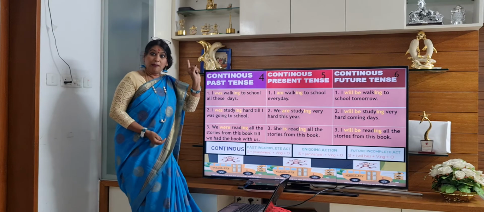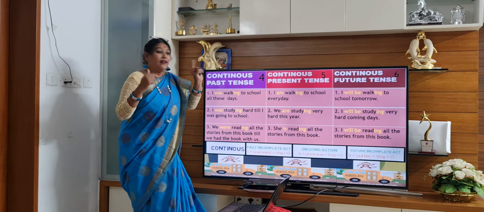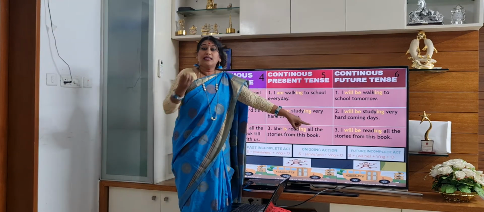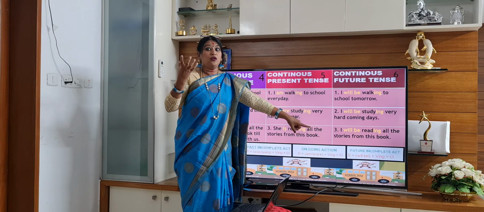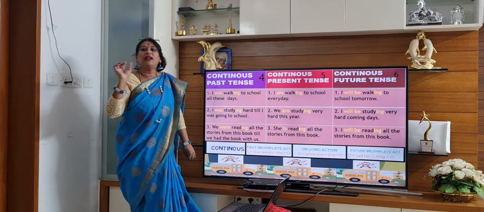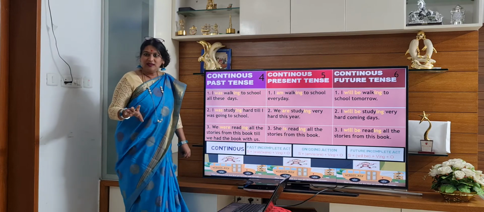See dear, in the simple future tense we used will, but in continuous future tense we are using will be. And again same thing, verb's first form plus ing. Is that clear? Very clear, dear?